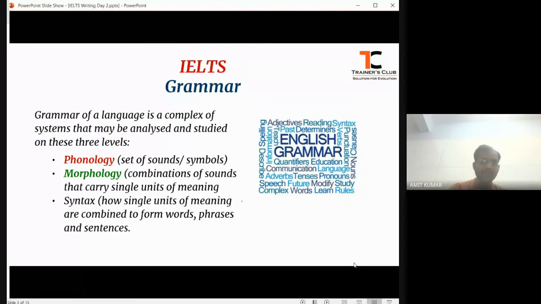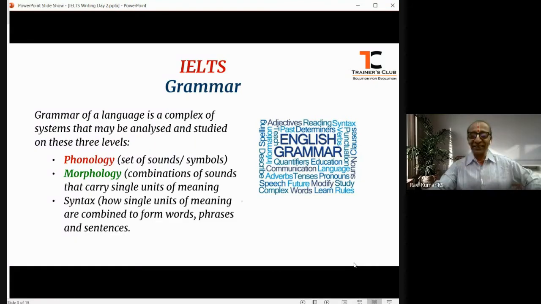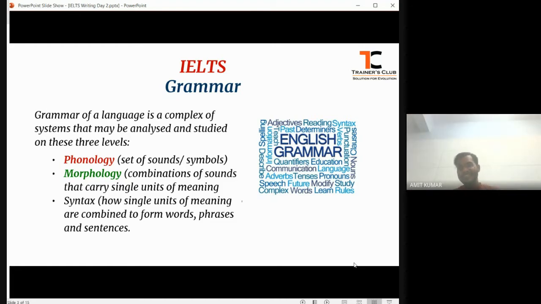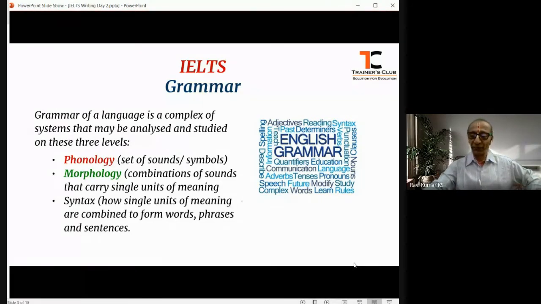No, sir, conjunction and injection. Conjunction or injection, it's not injection. That is called interjection. Okay, interjection.